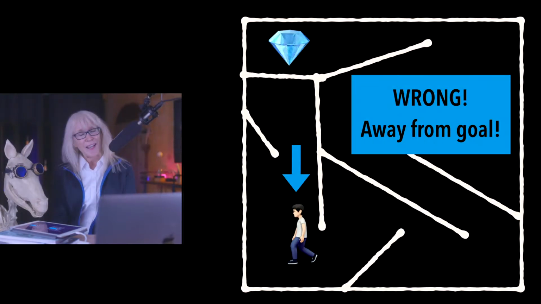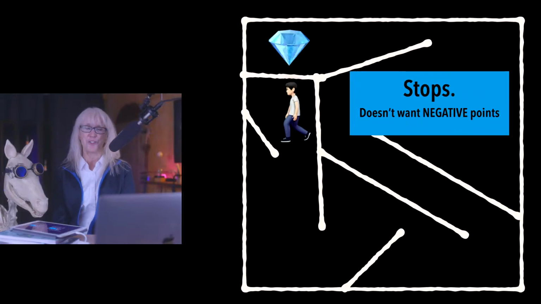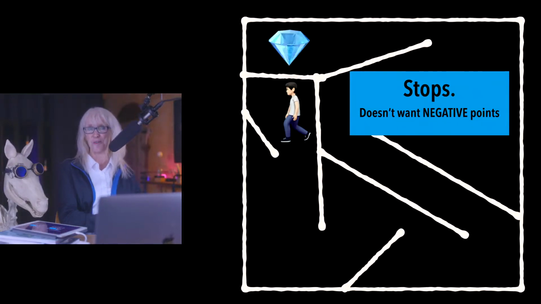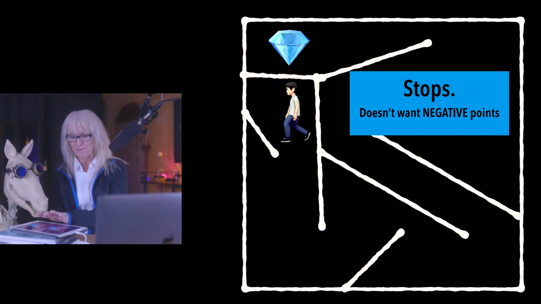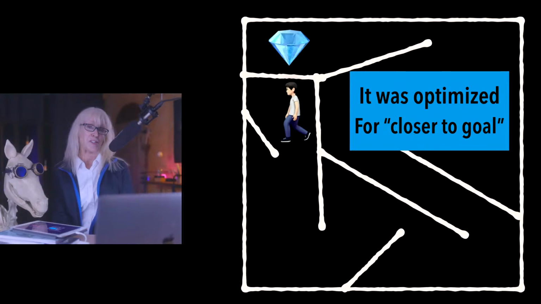Because it only has this one objective, which is get as close as you can to the goal, because that's the only thing it can possibly reinforce, right? Now, this is kind of a metaphor, because with any level of complexity, there's no way you're not going to build a system that's just going to randomly keep trying every possibility, right? We did that a long time ago, and it was slow, and it didn't help us do anything interesting. So it was optimized for closer to the goal.